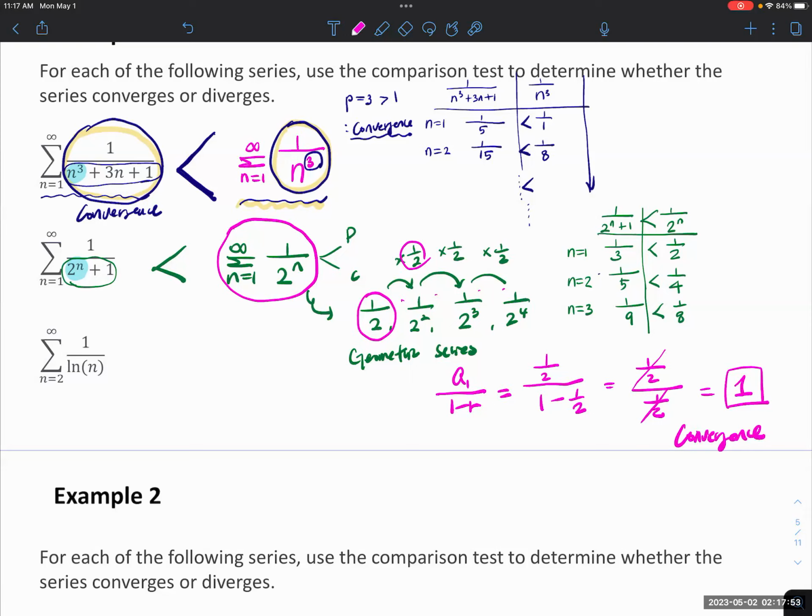So we proved that the right side is convergent. Therefore, this is also convergent. This time, I didn't use the P series test. I used a geometric series. So you should think about different tests, right? Depending on the situation, you should use a different one. That's why for the second one, we are using a geometric series.